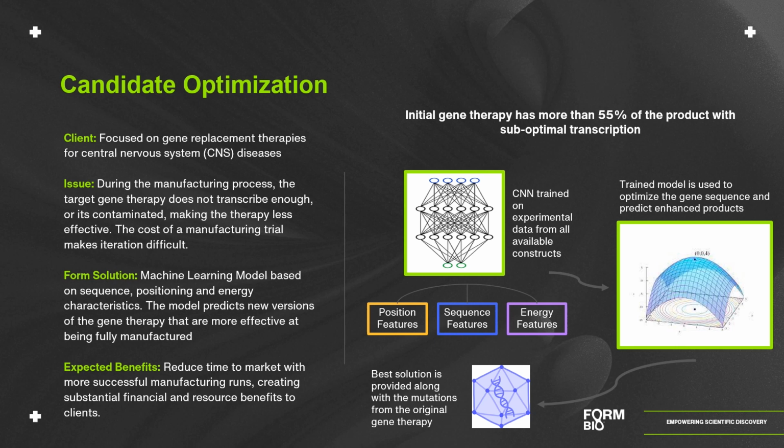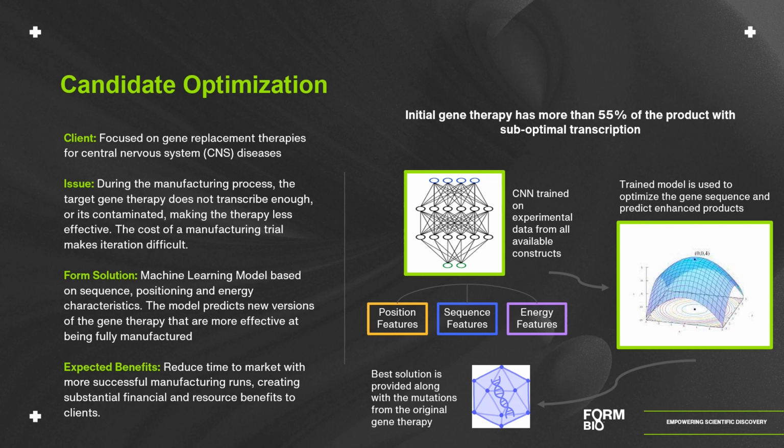For one of the therapies that we were able to analyze, our model predicted a 70% reduction in truncation in the CDS region, meaning the coding region. And when we received that construct, it was already optimized internally by our customer. So this was a very promising type of prediction.